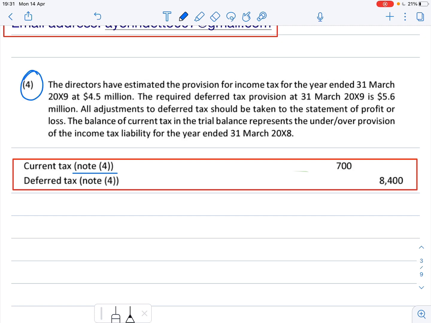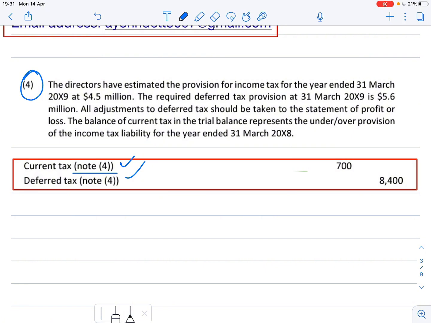So we have note 4 here, and we have the relevant figures as trial balance extract. So note 4 and the relevant trial balance extract.